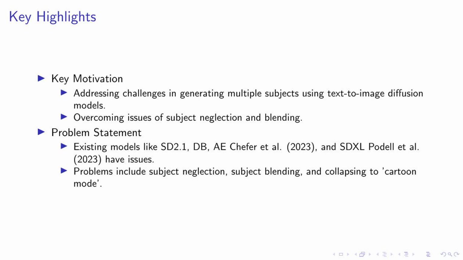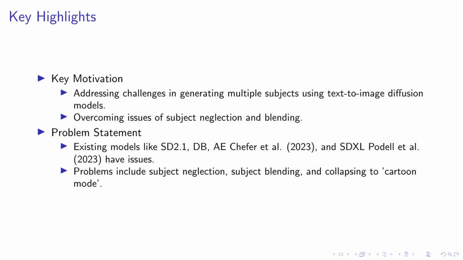In our quest to improve text-to-image diffusion models, we've focused on two key challenges: generating multiple subjects and overcoming issues of subject neglection and blending. These problems are prevalent in existing models, such as SD 2.1, D&B, A&E Chefer et al. 2023, and SDXL Podell et al. 2023.